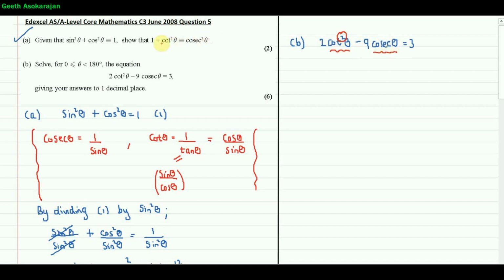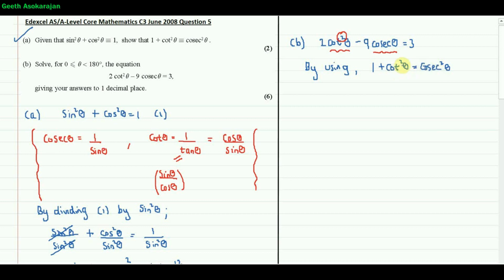Now this is where this identity comes into play from part A. With the aid of this identity, I can write this cot squared theta term in terms of cosec squared theta. So let's use this very identity. So back to my favourite colour blue. By using this identity, 1 plus cot squared theta is equal to cosec squared theta.